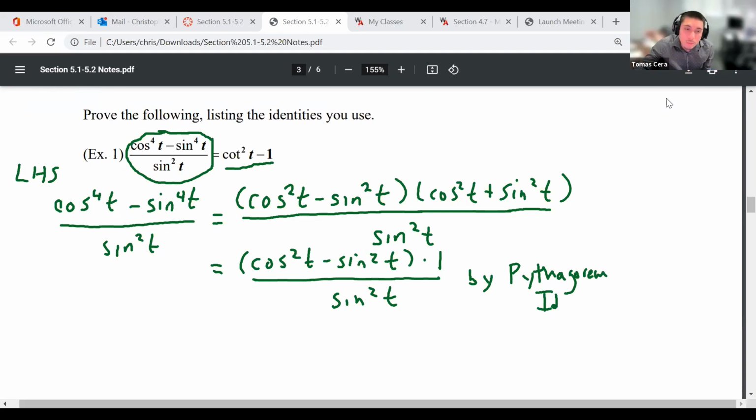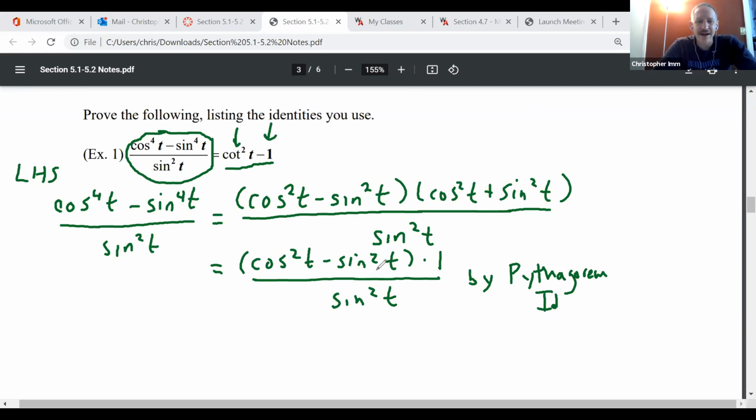Would it be cosine minus sine t over sine? Let's see. Not quite, but notice we want to split it into two terms there, and we only have one here. But you know what?